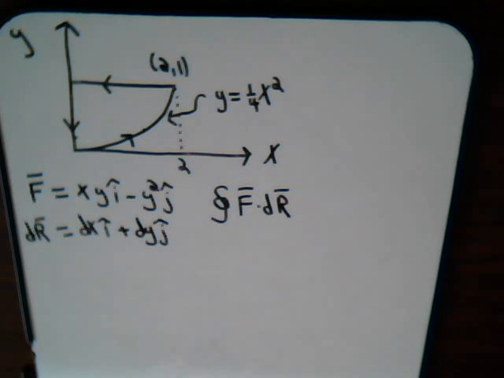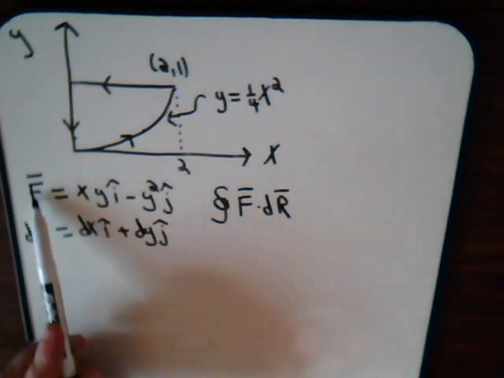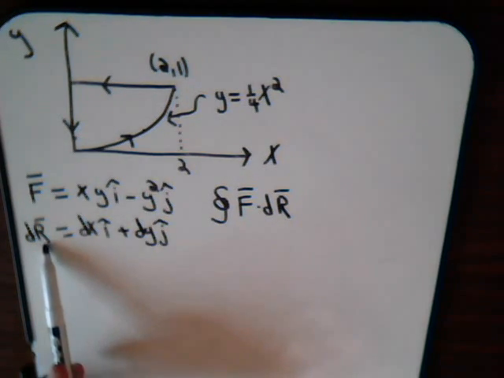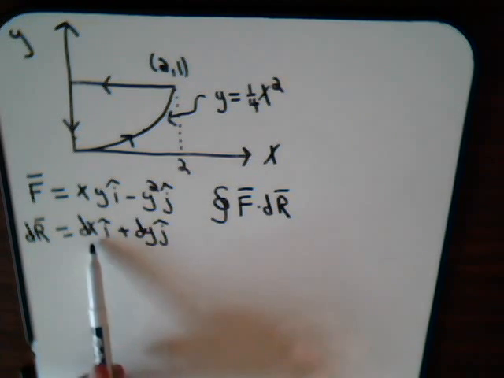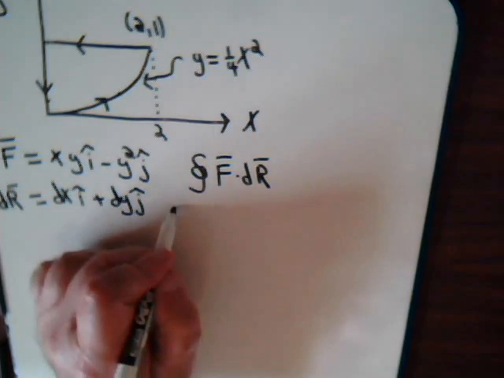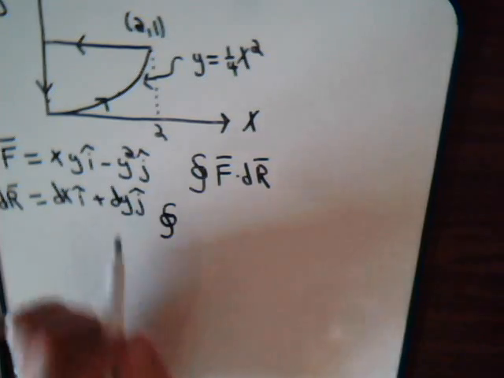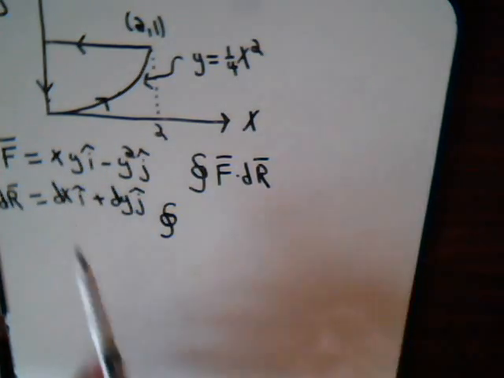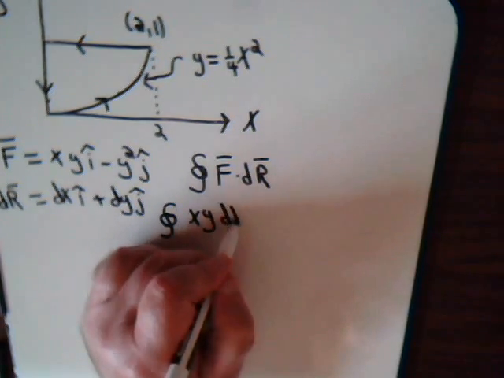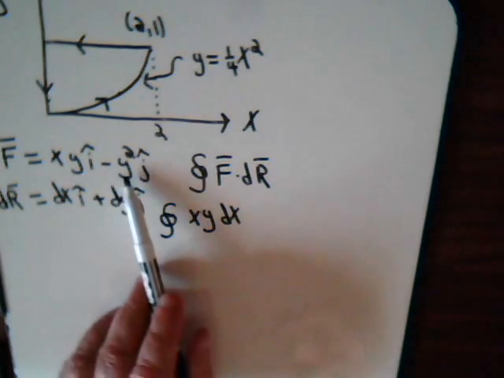And what you saw us do in our previous videos when we were working with line integral problems is take the dot product of the force field or the vector field in general with dr, where r is the position vector. Dr always has this general form. So F dot dr for our problem will be this line integral of xy dx minus y squared dy.